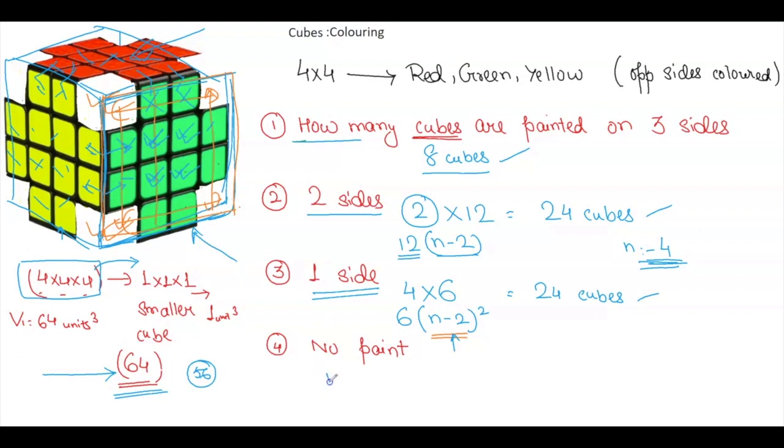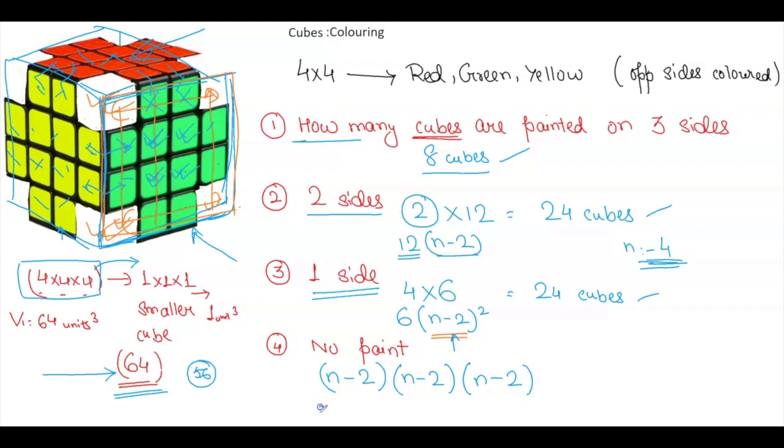So there was a total of n such smaller cubes, and I have to chop off two of them. Similarly, for the sides painted green, I have to chop off two from them, and from the sides painted yellow, I have to chop off two such faces from them.